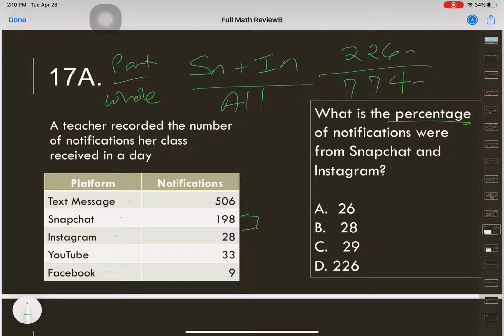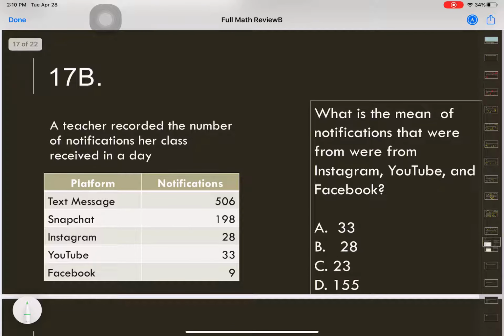So I took just the ones I'm looking for, that's the part, and put it over every single one of them. So 226 divided by 774. And that's going to give you an answer of 0.29. 0.29 is 29% because it asks what is the percentage. So it already has it there. You're just solving it out.